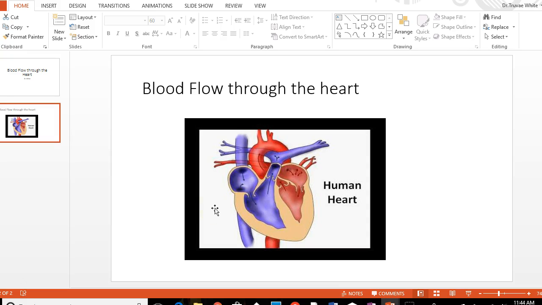So let's look at how blood flows through the heart. I'm going to start by taking the right side of the heart, talking about the right side of the heart, and then I will begin talking about the left side of the heart. Okay. So on the right side of the heart, we'll see everything is blue here. So for those of you that may have some challenges here, this is blue.